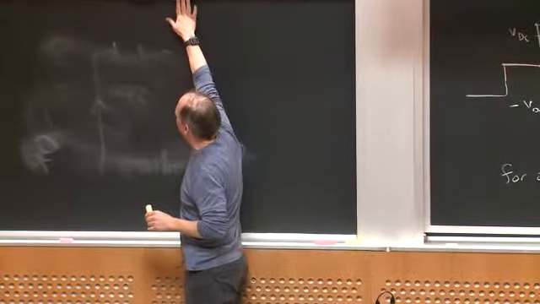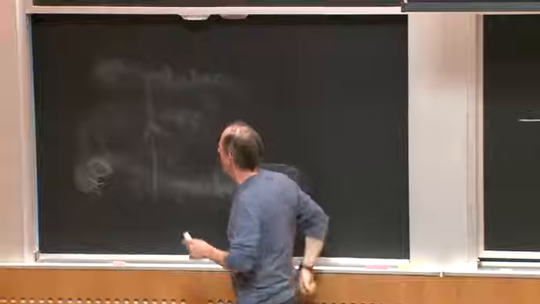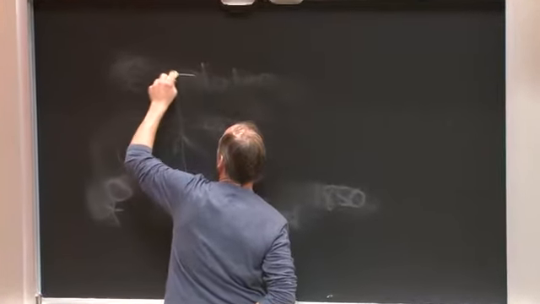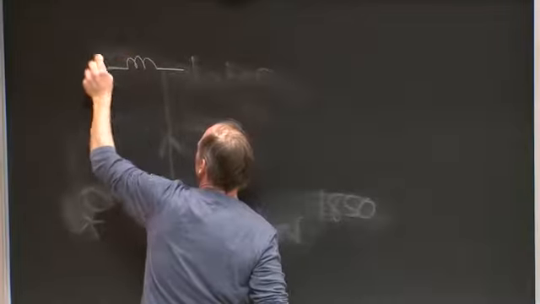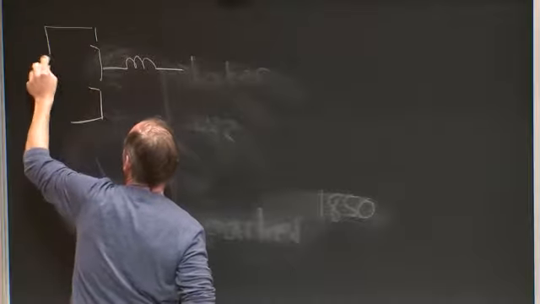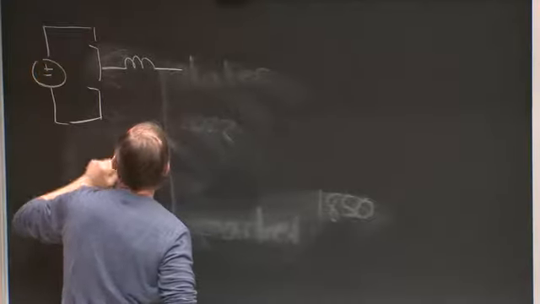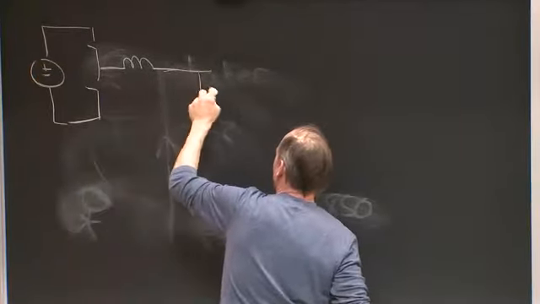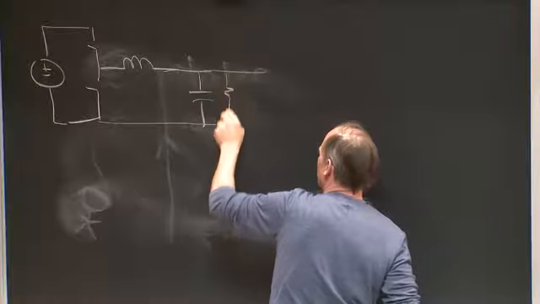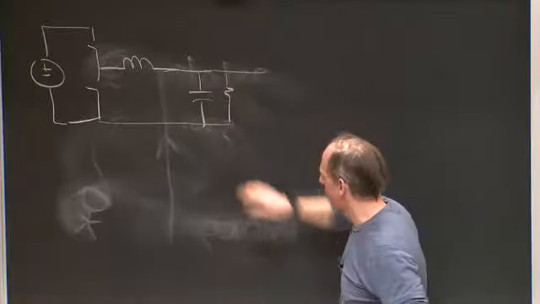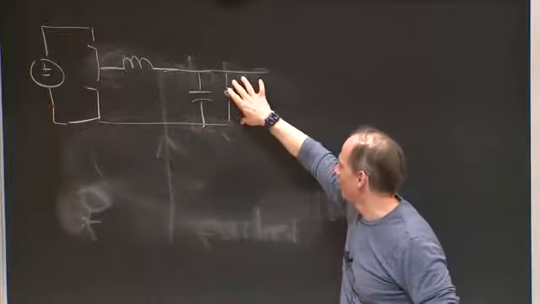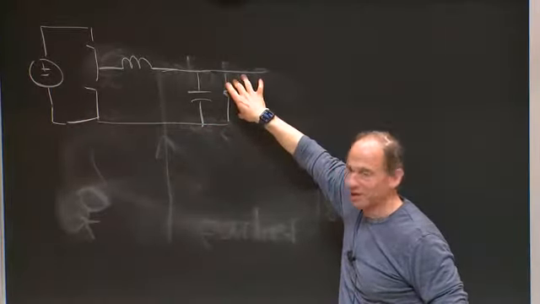But suppose I had a buck converter that looked like this. And here's my output capacitor, and here's my load. And maybe this load is a microprocessor. So maybe this is the 12 volts input, and I'm delivering voltage to my microprocessor, right?